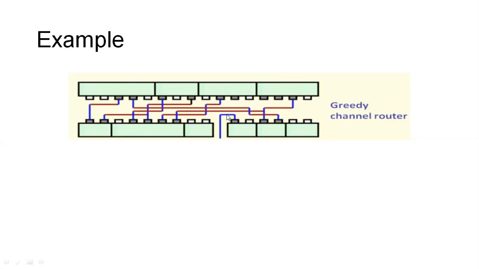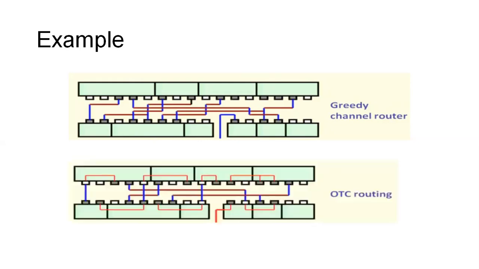Now if you do this problem with over the cell routing, the possible solution will look like this. I will show it in the next slide. This is over the cell routing. The over the cell connections are shown in red, and the channel routing is shown in brown and blue.